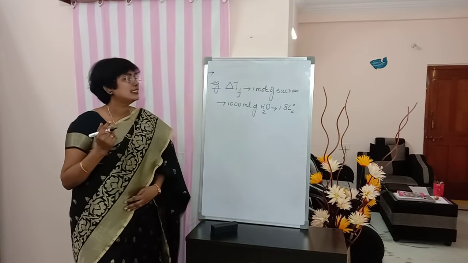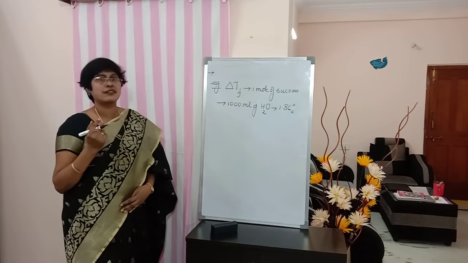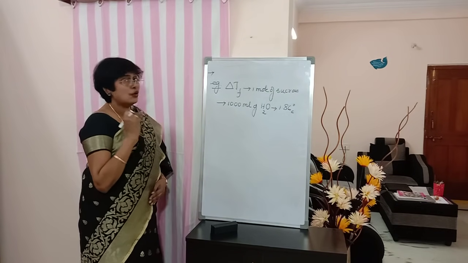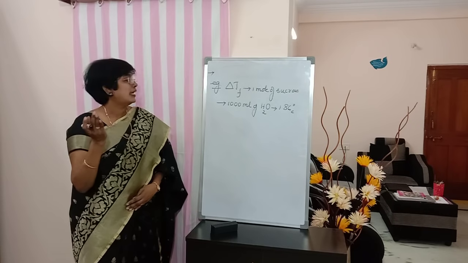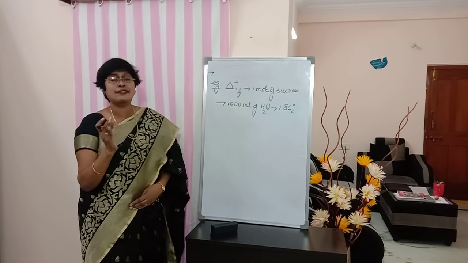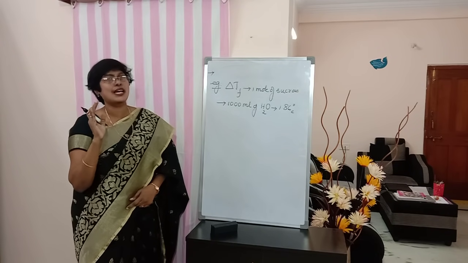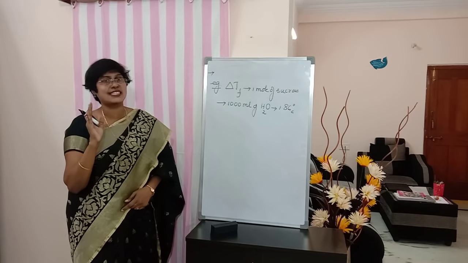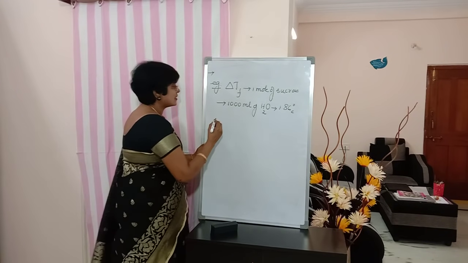Okay, students, the value of delta TF of 1 mole of sucrose in 1000 ml of water is 1.86 degrees centigrade. Okay, next.